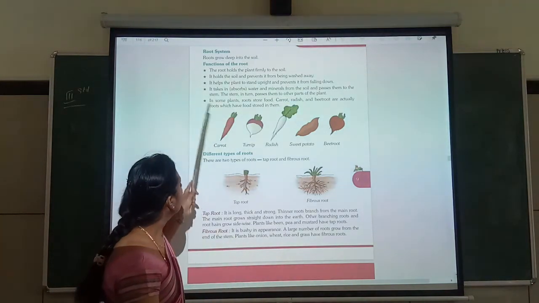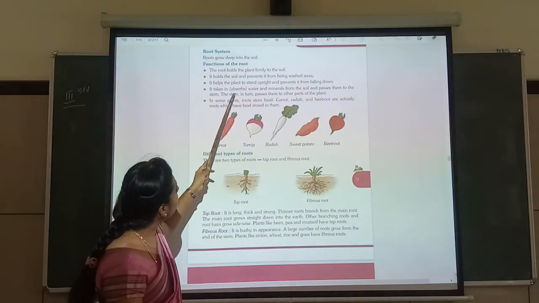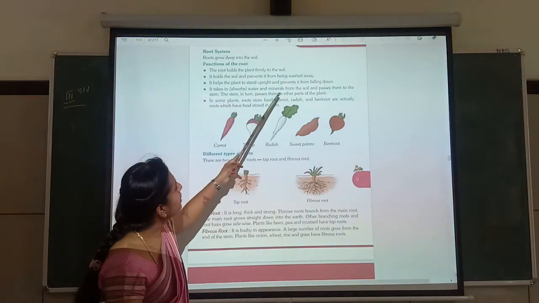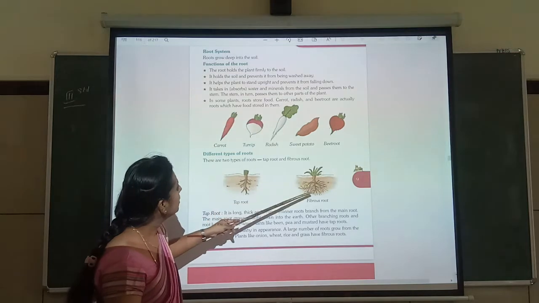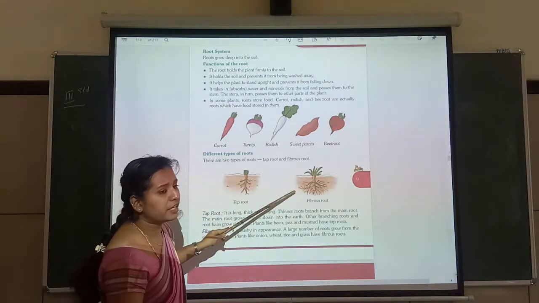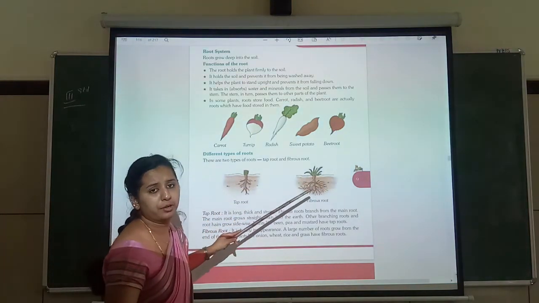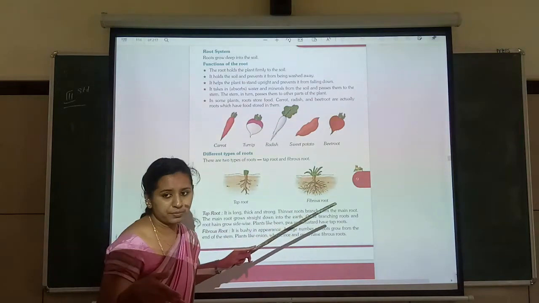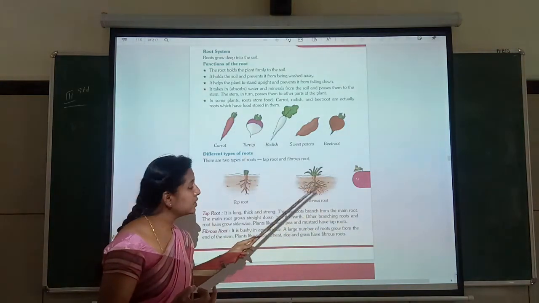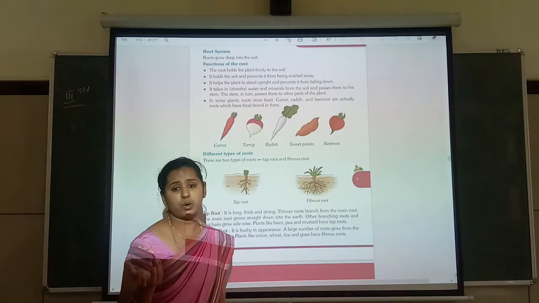Then it absorbs water and minerals from the soil. See, the root will absorb the water which we pour, and also minerals from the soil. There will be some minerals in the soil, children.